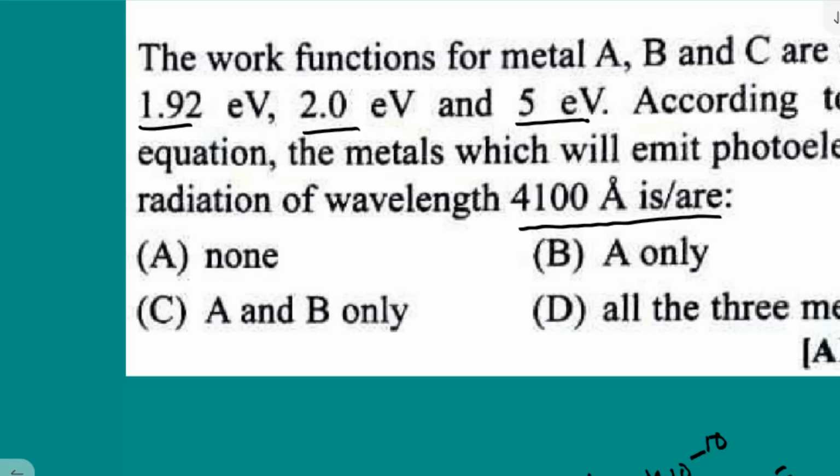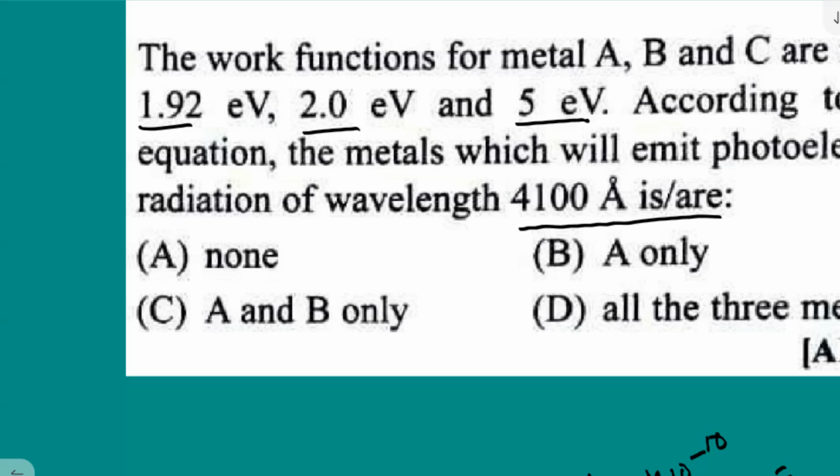So from this we can calculate energy. Energy will be hc by lambda, that will be 1240 nanometer electron volt divided by 410 nanometer. Nanometer gets cancelled, and this will roughly come to 3.